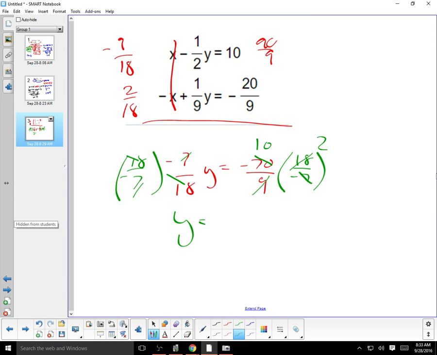So we have 20. Right? Well, why isn't it a negative 20? Oh, that shouldn't be a negative 70. So, negative 20. So, it's the same thing. Math doesn't fail. As long as you do it right, it's going to work.